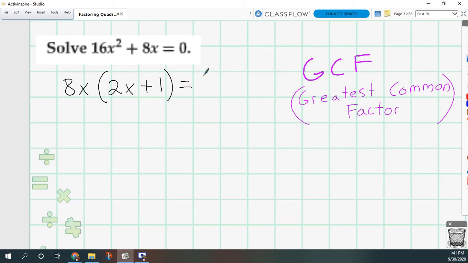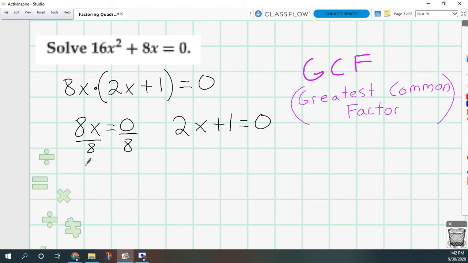So now notice that this looks like those two factors that we had on the previous page. They're separated by multiplication. So now I know that either 8x is going to have to equal 0 or 2x + 1 is going to have to equal 0. Once I set both of my linear equations equal to 0, we can just solve.